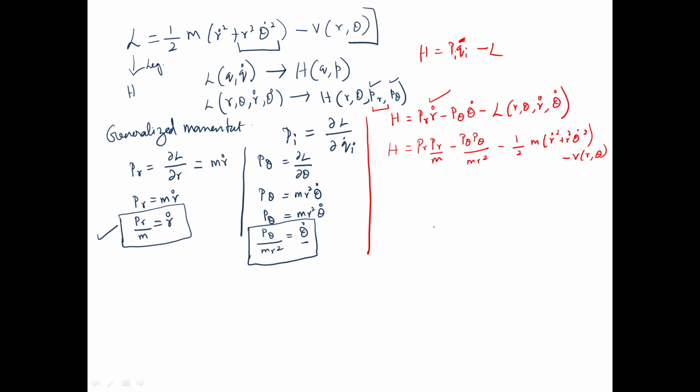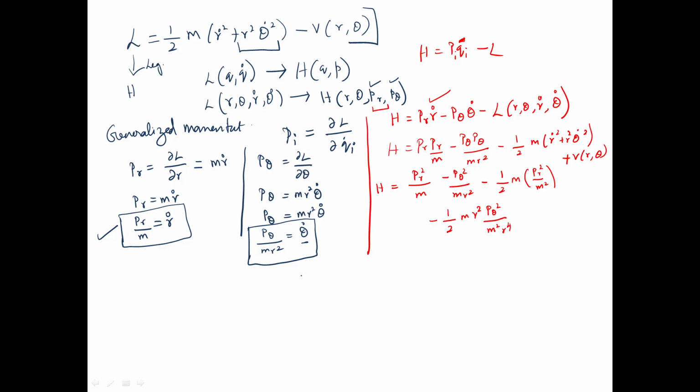Now we combine these terms. We can write it as p r square by m plus p theta square by m r square minus one by 2, and this becomes plus V because of the minus sign in the equation. Then m r dot square can be replaced with p r square divided by m square, and minus one by 2 m r square theta dot square, where theta dot square is p theta square divided by m square r to the power 4.